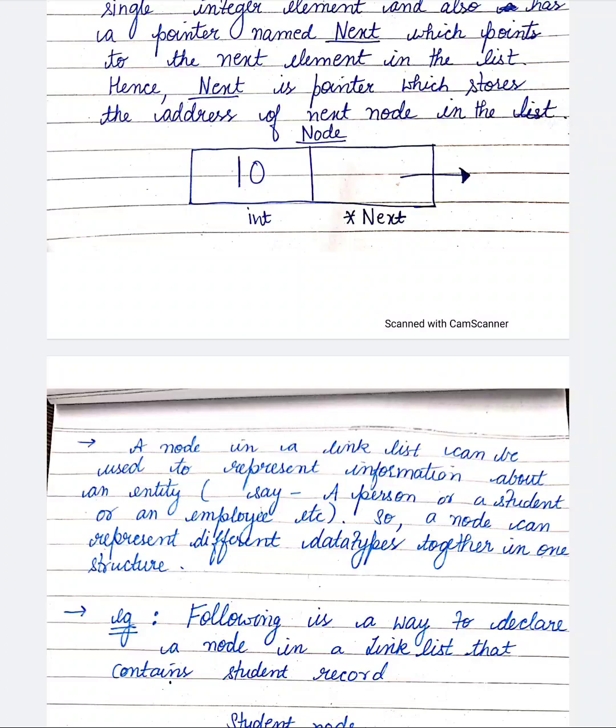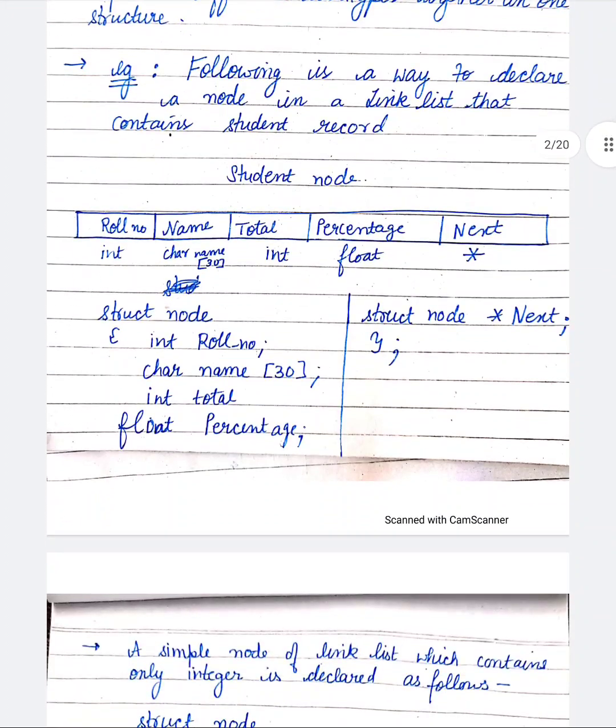It could be an integer value, or it could be a complete set of values like a structure. So roll number, name, total, percentage, this all could be one node and would be part of the data for a node, and next is a pointer which points to the next value.